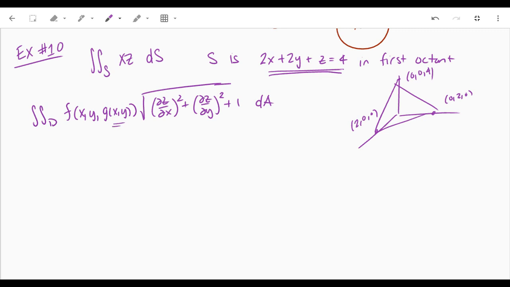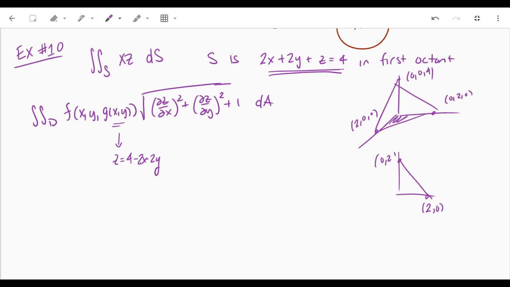All right. And then when we're talking here, z needs to be in terms of x and y. So that would be z is 4 minus 2x minus 2y. Everything in our equation is going to be in terms of x and y. So for our integral, we definitely want to have x's and y's. So if we look in our xy plane, we have when x is 2, y is 0, and 0, 2.